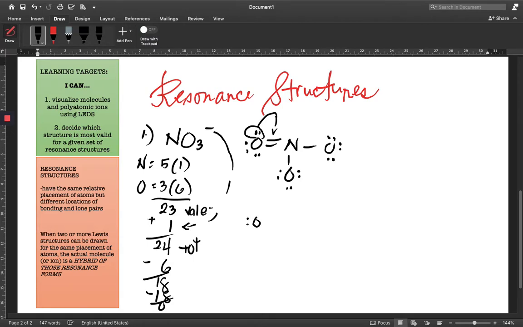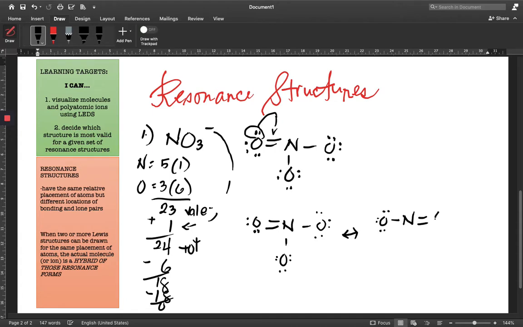So you end up with this structure: O, then you have a double bond between the first O and N, and a single bond also. But we can also draw another correct Lewis structure for the nitrate ion, which will be N, and then instead of getting from this oxygen, we get from the other one.